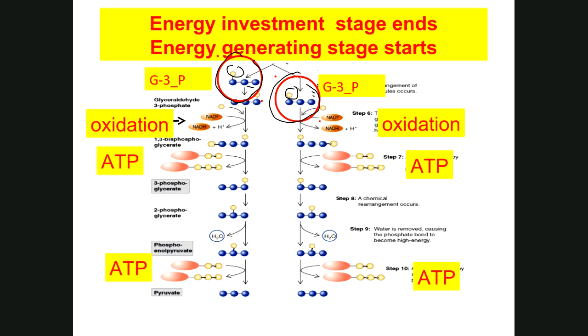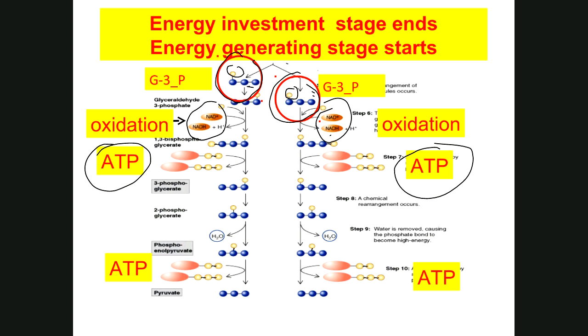We're going to oxidize each one. So now we have 1 NADH for each G3P molecule being produced. We are going to remove the phosphate group and give it to an ADP to make ATP here and here. So now we have 2 ATPs that we have made.